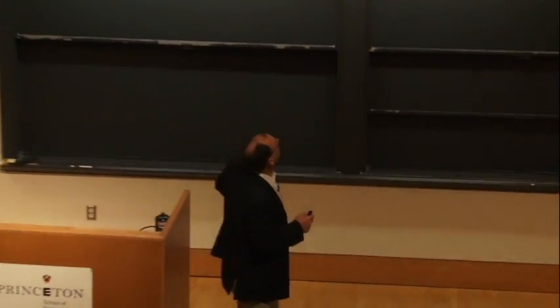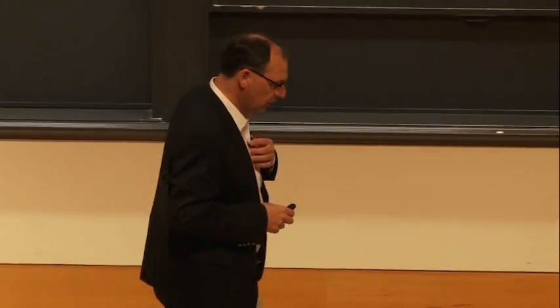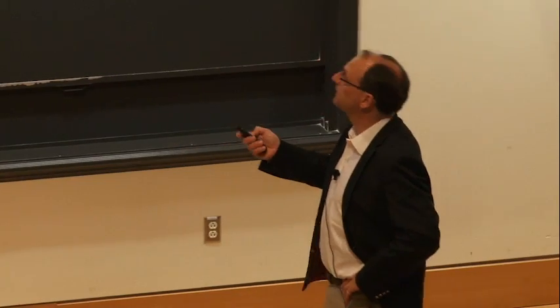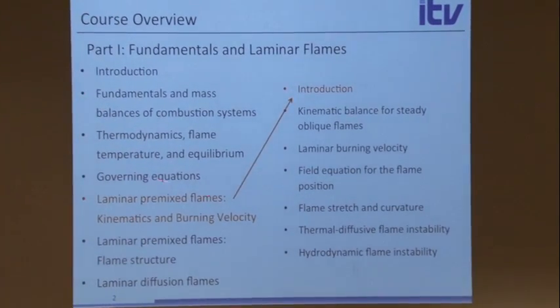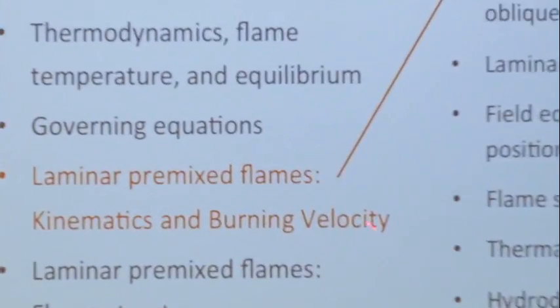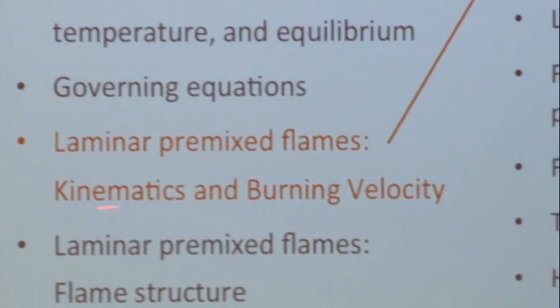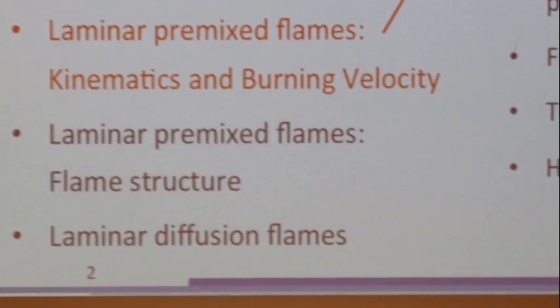So yesterday we started talking about laminar premix flames, and we started talking about flame kinematics. Just to look again at what we want to do, we want to look at kinematics and the burning velocity as a very important parameter, and then in the next lecture we want to talk about details of the flame structure.